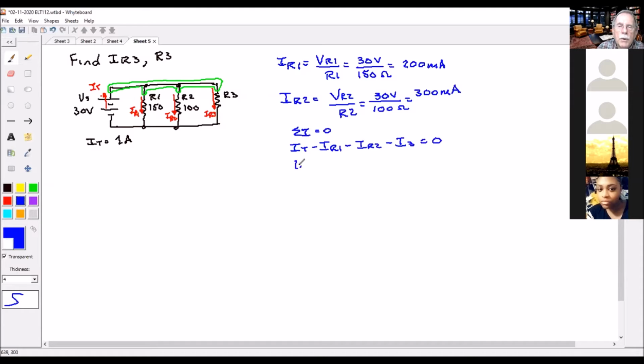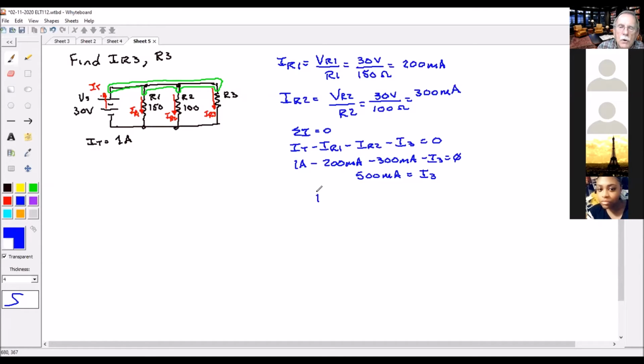So I have 1 amp minus 200 milliamps minus 300 milliamps minus I3 equals 0. If you bring the I3 over to the other side, you get 500 milliamps is equal to I3. So there's my current I3, which is for resistor 3.